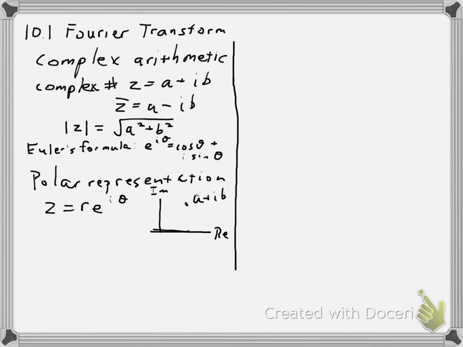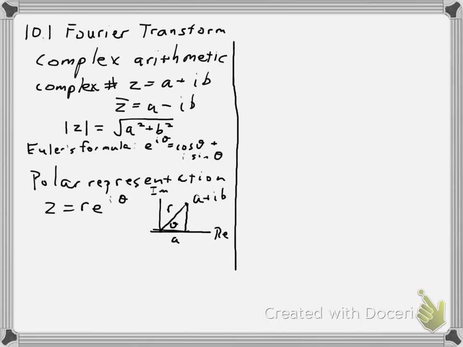If we draw a hypotenuse and a right triangle, we label the hypotenuse r and this angle theta.